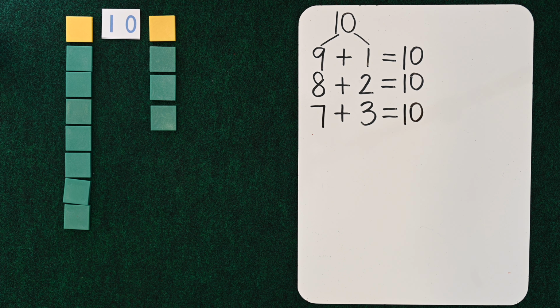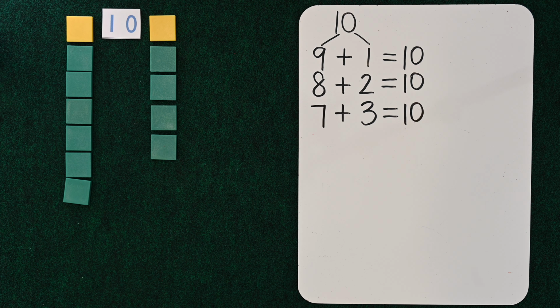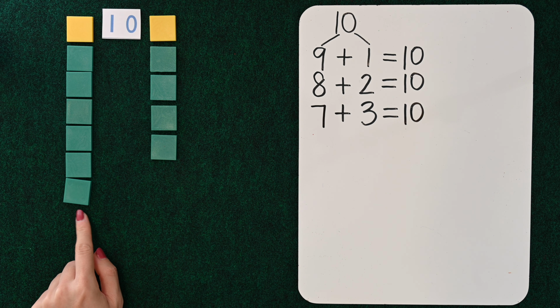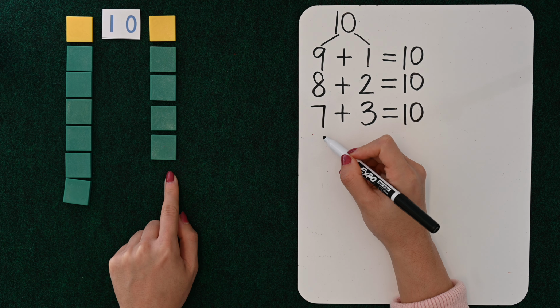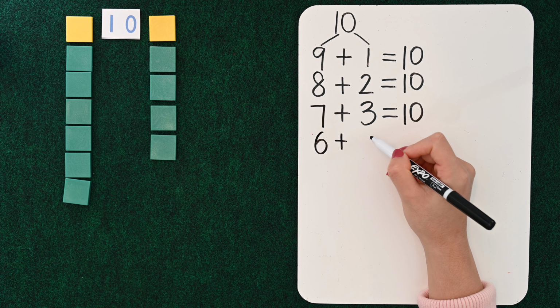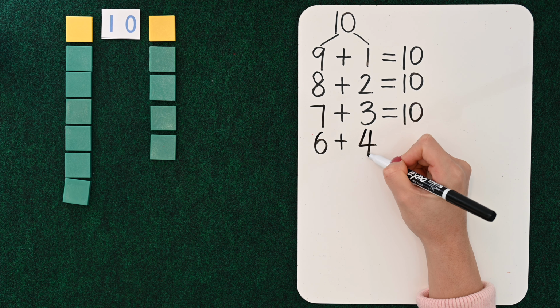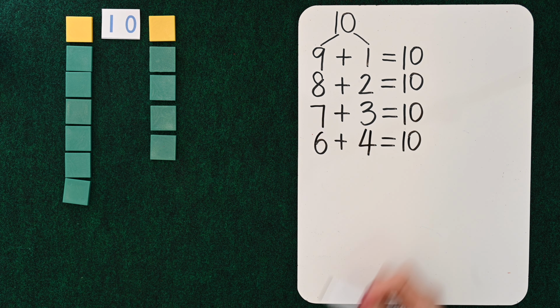Let's keep distributing those cookies. One more over to kid number 2, and we have how many for kid 1? 6 cookies and 4 cookies for kid 2. So 6 plus 4 equals 10. Okay, one more move.